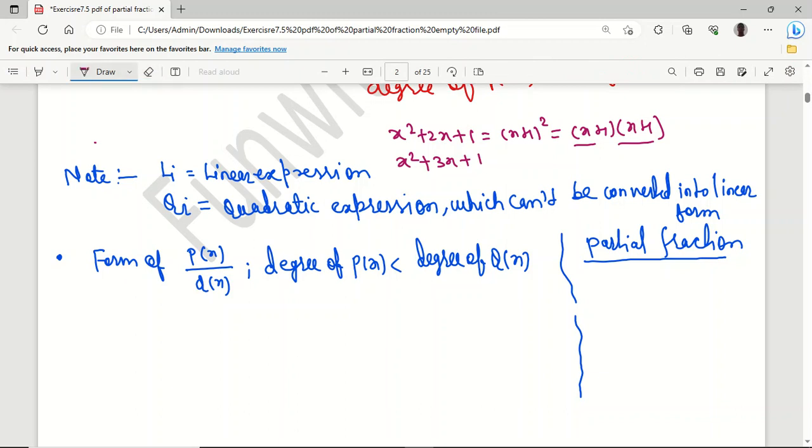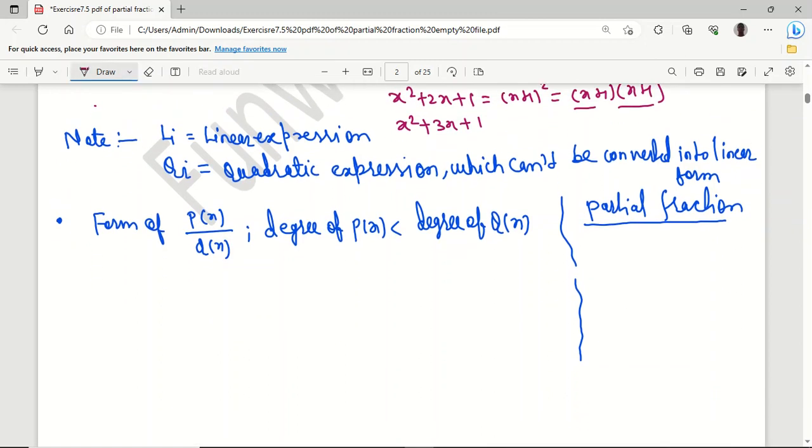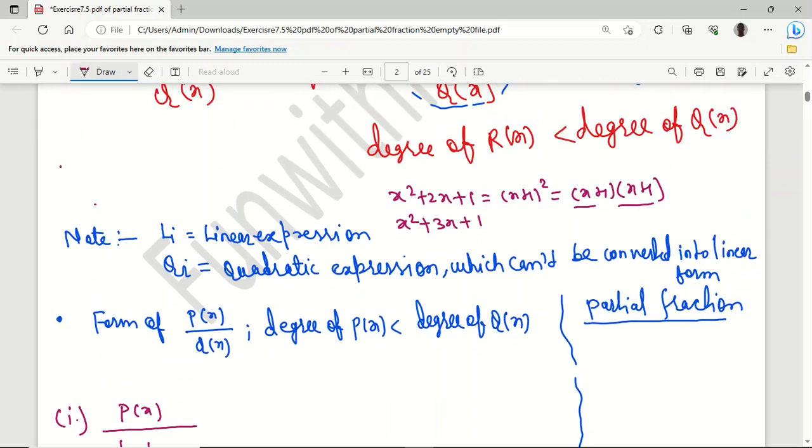So now I'm moving on. Type 1 is p(x) upon L1 into L2. As I told you earlier, p(x) and q(x) are polynomials, and they can be of any degree.